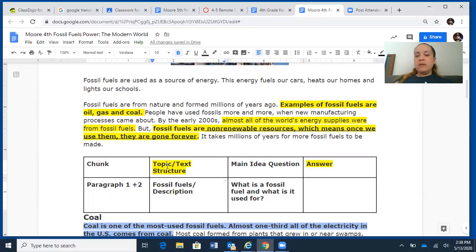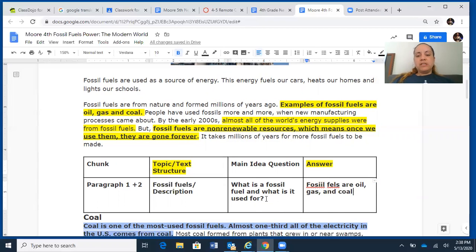It's describing what fossil fuels are, okay? So here's my question. What is a fossil fuel and what is it used for? So if you go back up here, it says examples of fossil fuels are oil, gas, and coal. So I'll say fossil fuels are oil, gas, and coal.